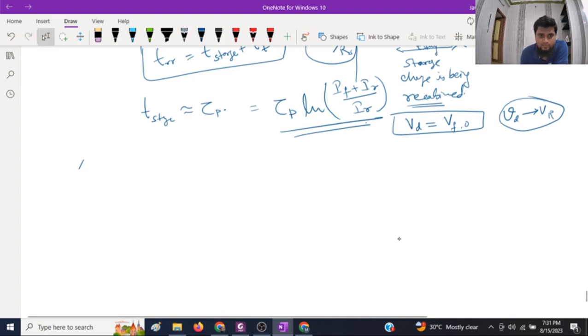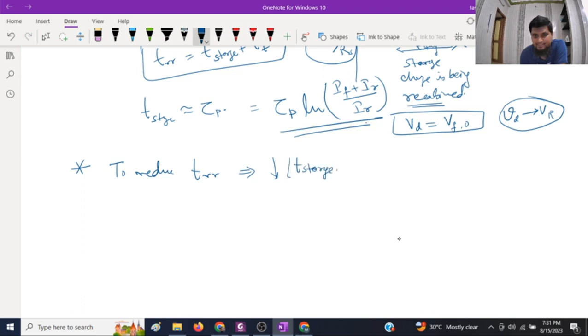Okay, a few more important things are over here. So to reduce the reverse recovery time, we need to reduce storage time, because in general this storage time plays a very vital role.